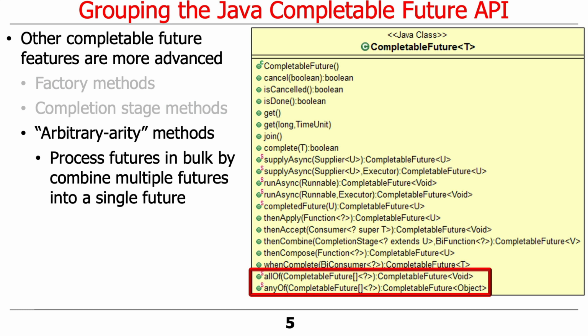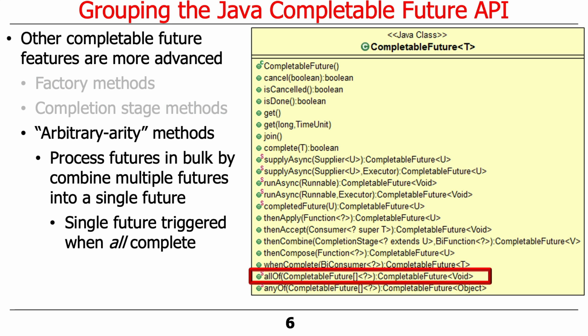So all of them have to complete for allOf. And then the other one, which will also be pretty obvious when you hear the name, is anyOf, which says I will get back a completable future that will complete when any of the completable futures finish. So whichever one finishes first, then we get a completion. So those are the two typical types of operations you can build using allOf and anyOf.